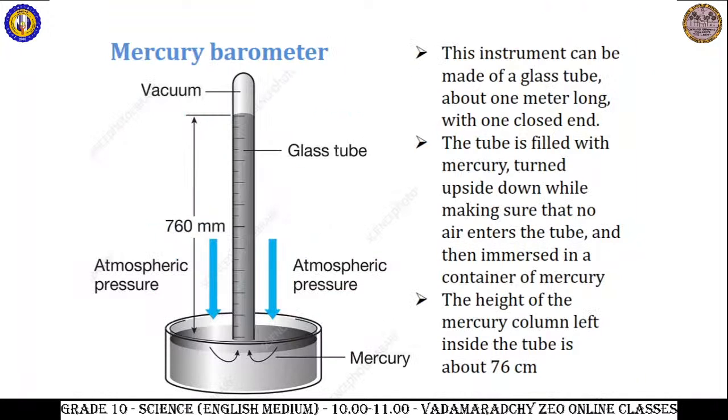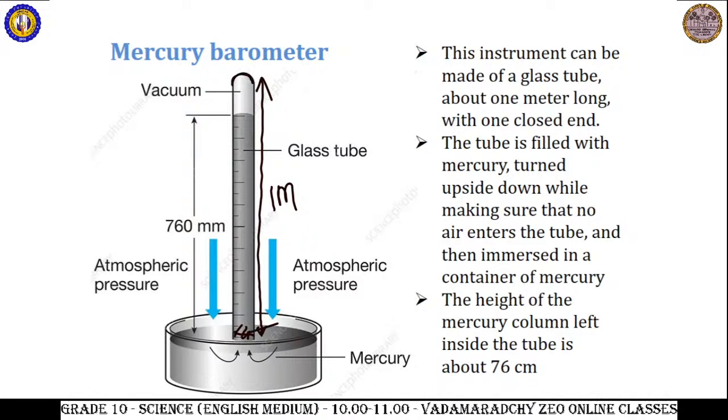Now we move to the mercury barometer. Okay, the structure of the mercury barometer. Actually, this instrument can be made with a glass tube about 1 meter long. This glass tube has to have one closed end and one open end.